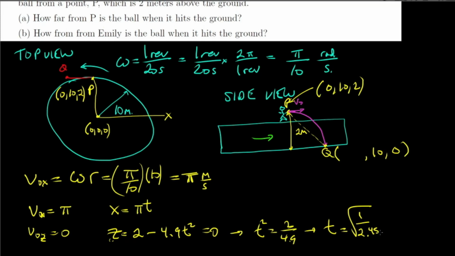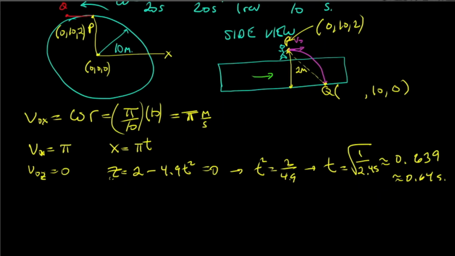Take the reciprocal and then take the square root. So this is approximately 0.6389. How about just 0.64 seconds? That's how long it takes essentially to drop to the ground. A little more than half a second, roughly 2/3 of a second.